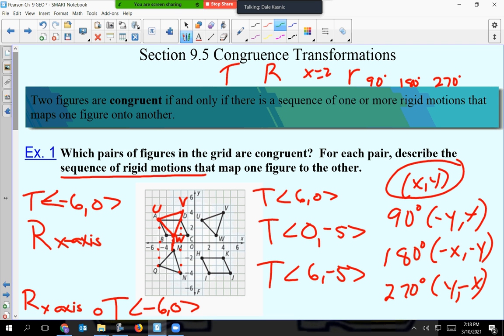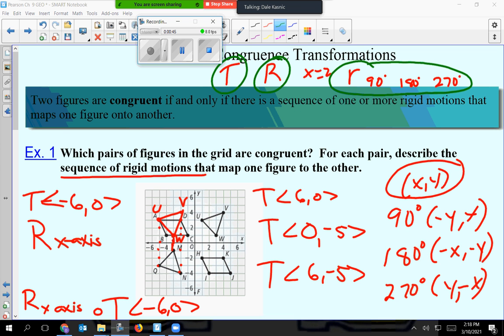So in this chapter so far, we've done translations, which we use capital T to signify, and then we use R for reflection, and then we have rotations, where we rotate stuff 90 degrees, 180, and 270.